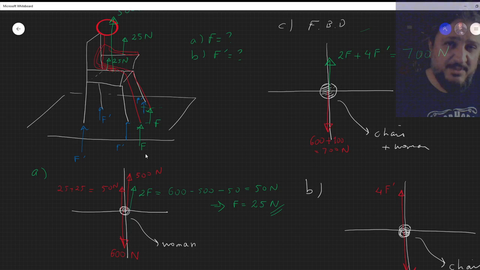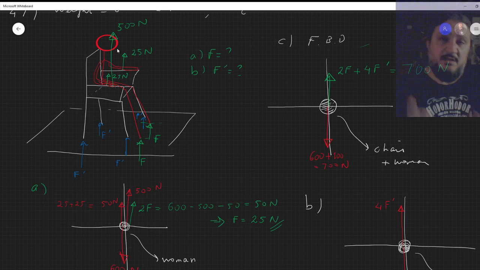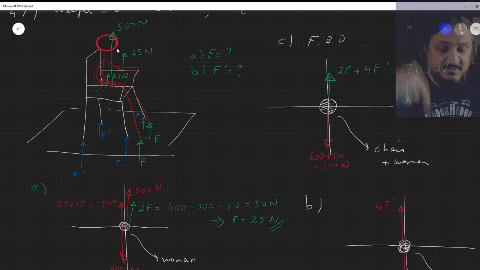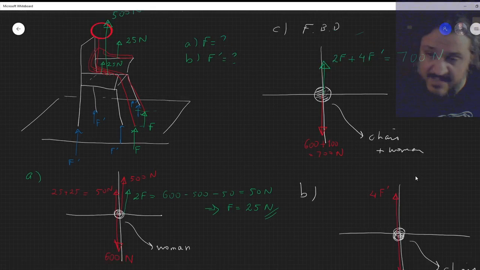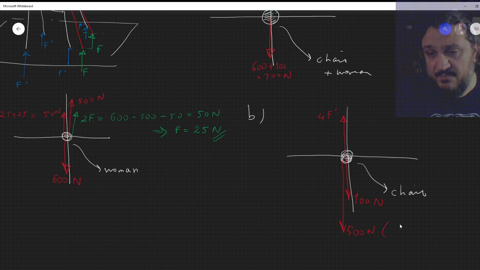How many interaction points, interaction surfaces, do I have? I have the seat of the chair, which carries most of her weight, and this was 500 newtons. And I also have the two armrests. Now, if the chair exerts a 500 newton upward force on the person, the person exerts the same force onto the chair. So I have to add that 500 newtons, which will be downward. This comes from the woman.